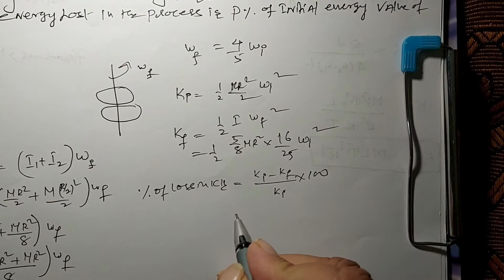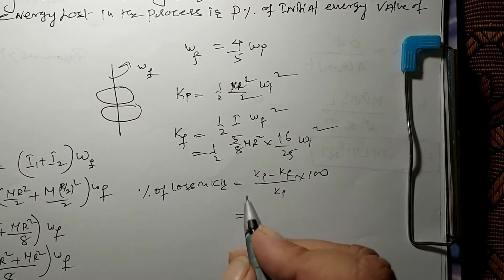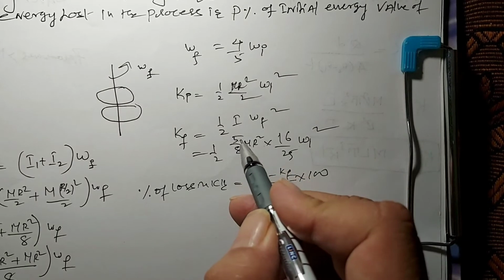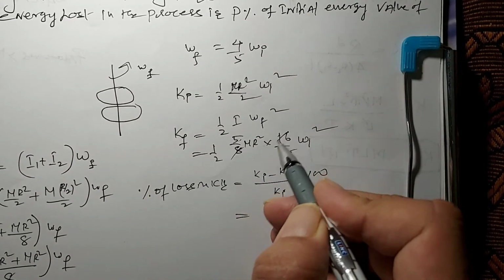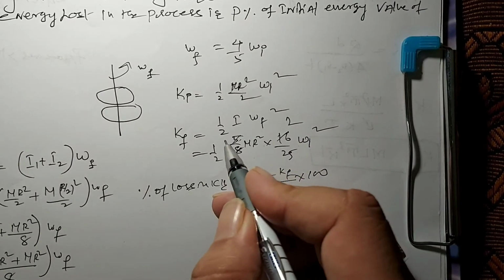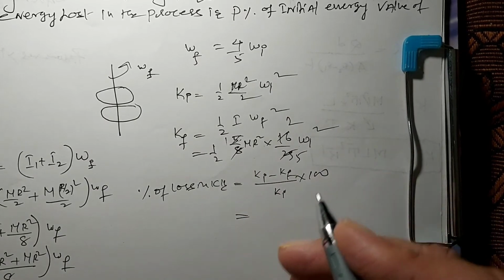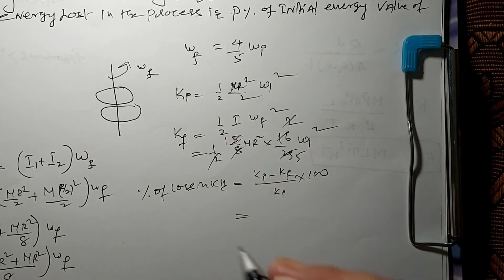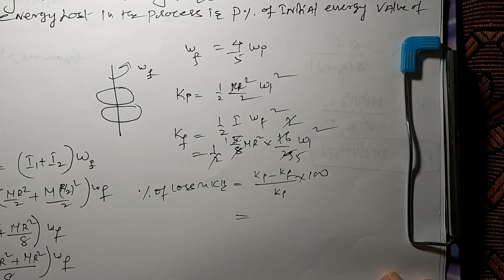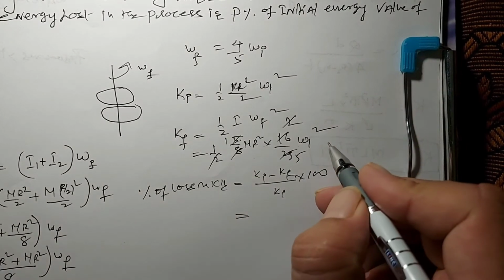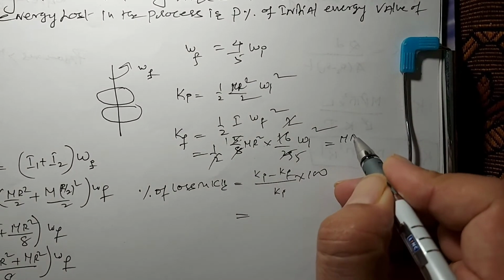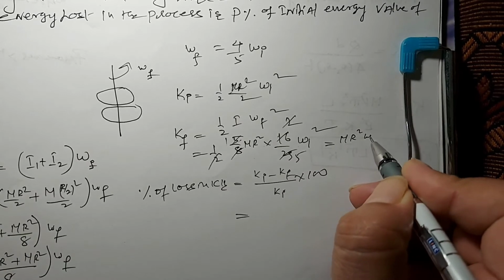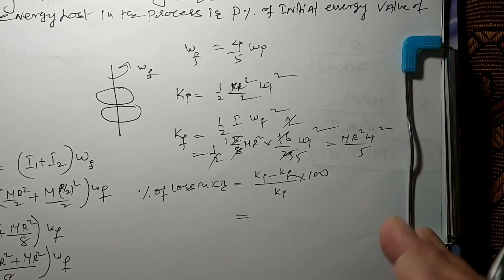So that is equal to how much here? We calculated this one: 8 1s are 8, 2s are... 5 1s are 5, 5s are... 2 cancel. Now what we get here? mr square omega initial square by 5.